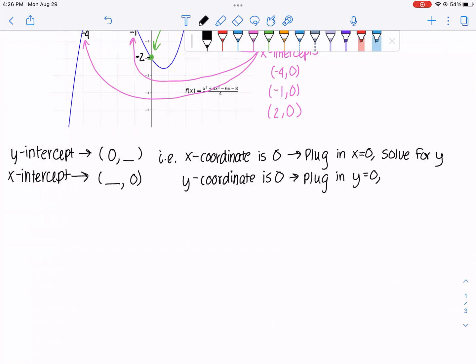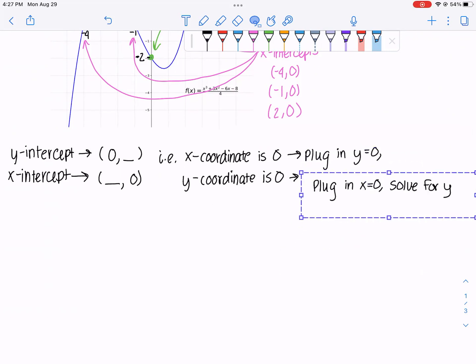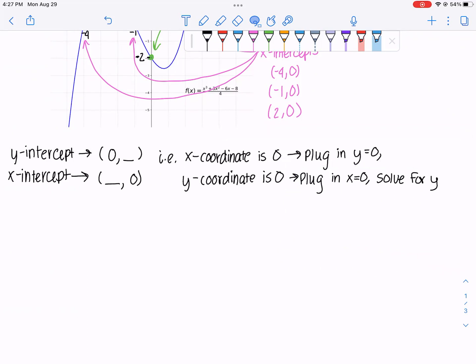Oops, I did that backwards. There we are. For the y-coordinate, plug in x equals 0, solve for y. For the x-coordinate, plug in y equals 0, solve for x.